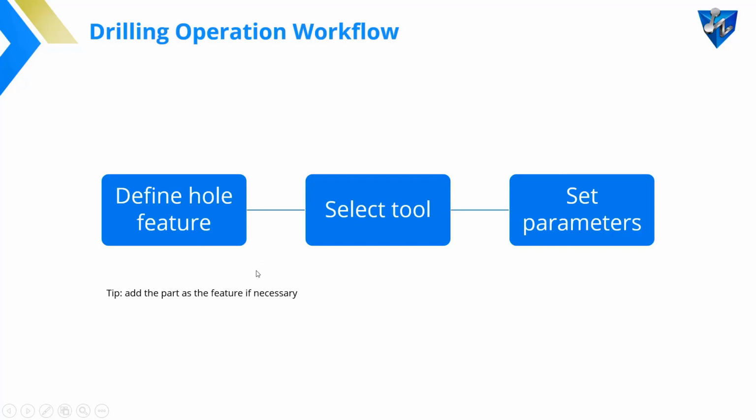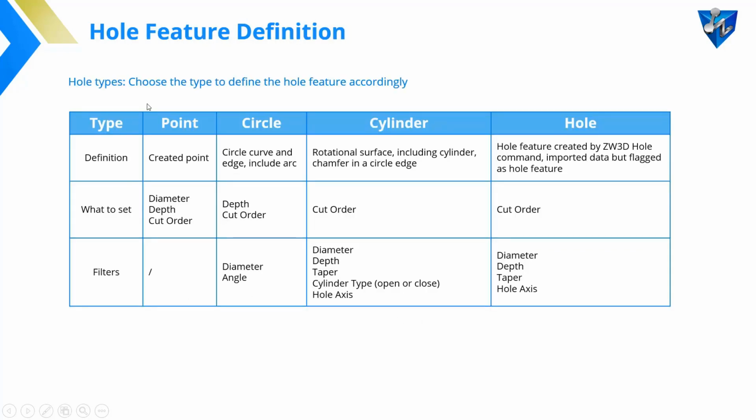The first step, we need to define the whole feature, and then we select the proper tool. After that, we need to set the parameters in the operation and then calculate the toolpaths. Here's a tip. We may need to add the part as the feature, so I will explain that later. Now let's check how to define the whole feature.